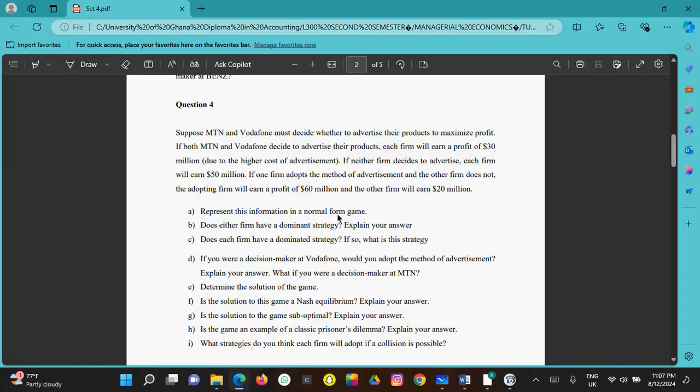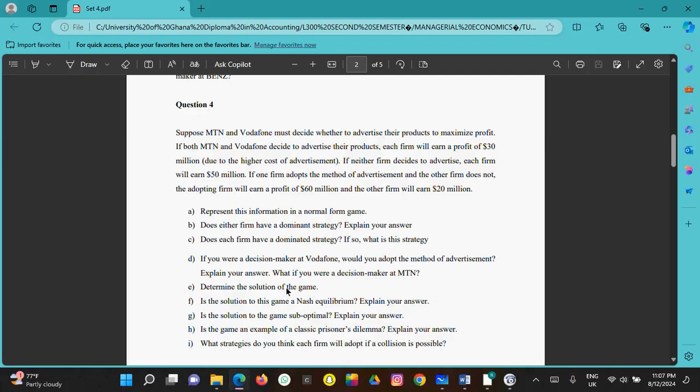Represent this information in a normal form game. Does either firm have a dominant strategy? Does each firm have a dominated strategy? If so, what is it? If you were a decision maker at Vodafone, would you adopt the method of advertisement? Explain your answer. What if you were a decision maker at MTN?